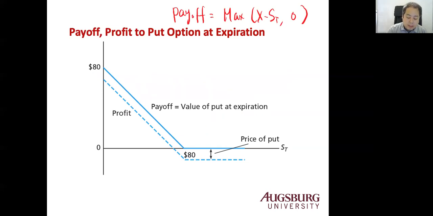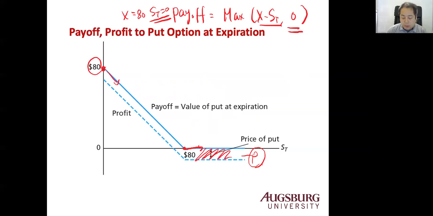The maximum payoff they can make is $80, because when the exercise price is 80 and the asset price is 0, that's the maximum payoff. Then the payoff declines up to the exercise price, and above the exercise price it is all 0. So that's the payoff.